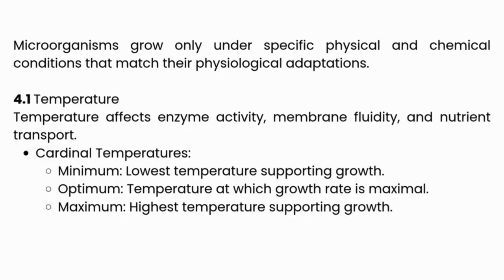Microorganisms grow only under specific physical and chemical conditions that match their physiological adaptations. Temperature affects enzyme activity, membrane fluidity, and nutrient transport. Cardinal temperatures: minimum, lowest temperature supporting growth; optimum, temperature at which growth rate is maximal; maximum, highest temperature supporting growth.